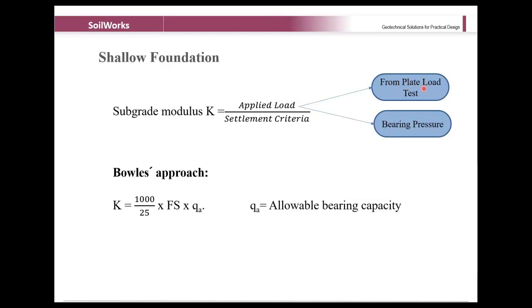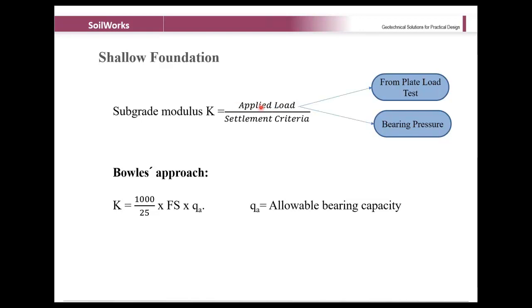From the plate load test you can get the applied load, or else in many cases it is impossible to go for the plate load test. In that case, we can go for bearing pressure calculations using Terzaghi theory, Vesic theory or Meyerhof theory, and we can get the applied load.